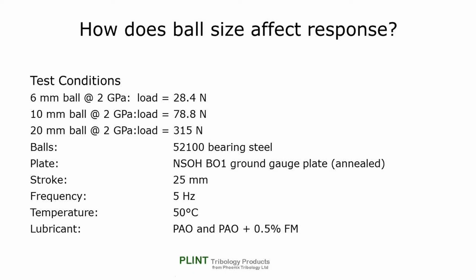To investigate this, experiments were run using 6mm, 10mm and 20mm balls with loads adjusted to give a nominal contact pressure of 2 gigapascals. So the test conditions were 6mm ball, load 28.4 newtons; 10mm ball, load 78.8 newtons; and 20mm ball, 315 newtons.